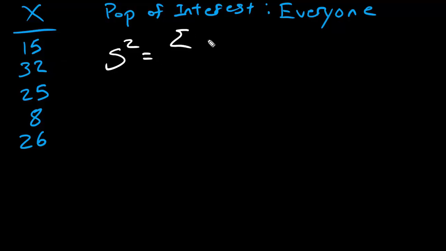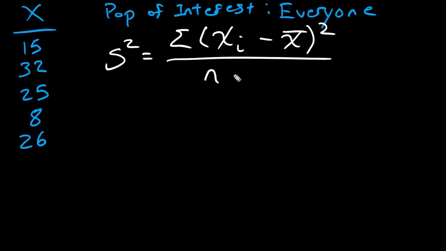sample variance, right? So most of this is just like what we did a second ago with the population. There are some small differences though. One, we're going to need to find the mean, so this time it's the sample mean.